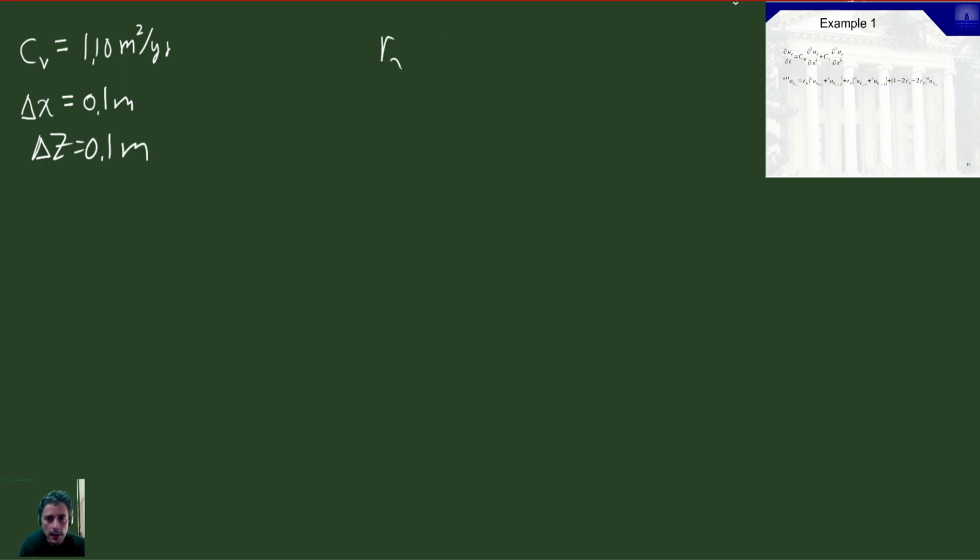That means that Rx is equal, so in both cases we say CH equals CV. In this particular case we are still simplifying things, so it's still CV delta T over 0.1 meter squared, so delta x squared.